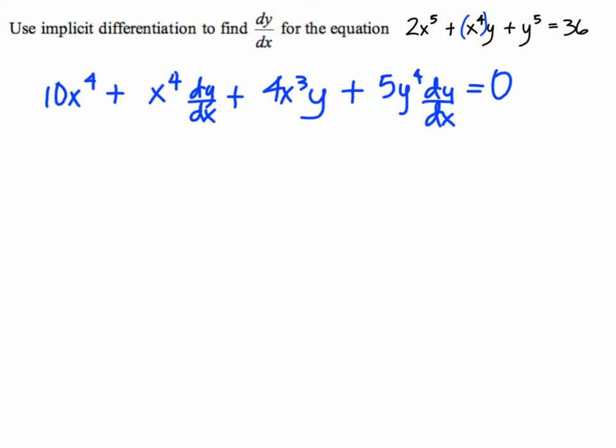The derivative of 2x to the fifth is 10x to the fourth, plus, and again, I use the product rule here, so 4x times the derivative of y, which is dy over dx, plus the derivative of the first term, which is 4x cubed times y, and the derivative of y to the fifth is 5y to the fourth power dy over dx, equals 0, because the derivative of a constant is 0.